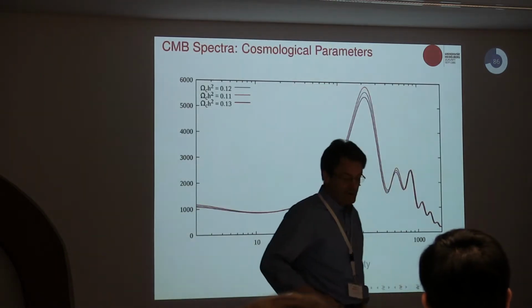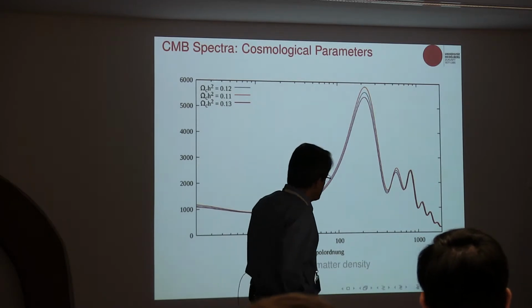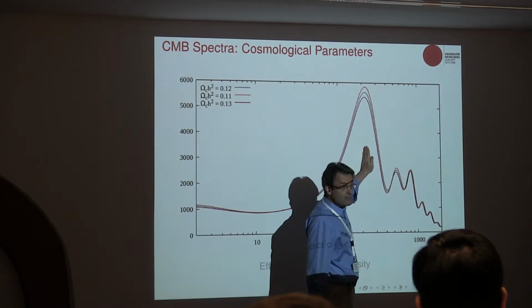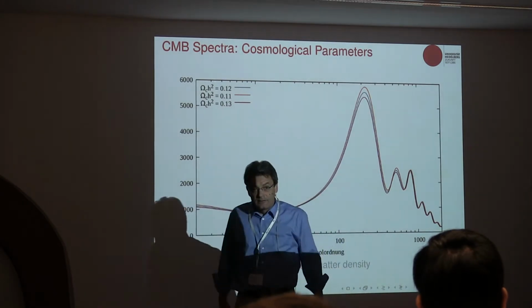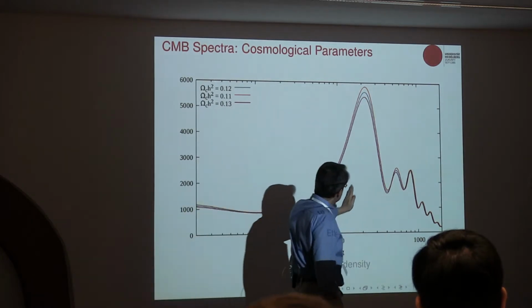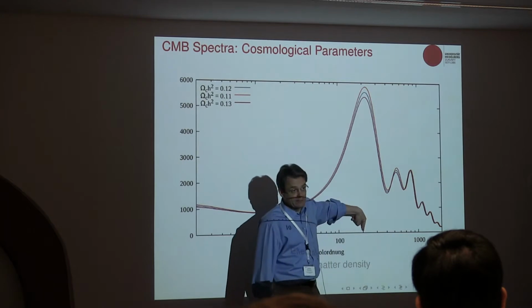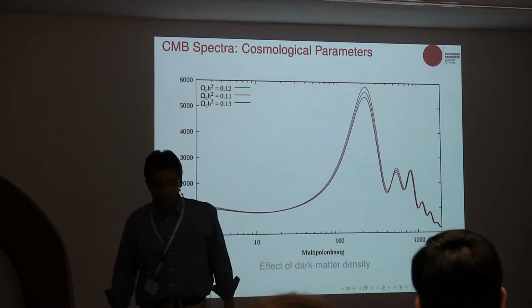The point is this. If you look at this power spectrum and you recall where this peak is coming from, right, then you immediately see that the location of the peak here tells you the angular scale corresponding to the sound horizon in the early universe.